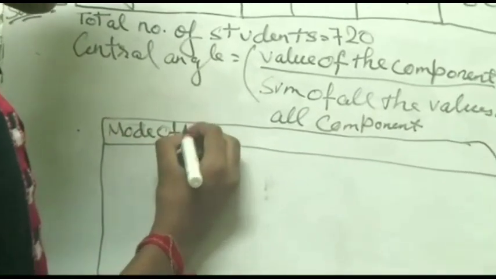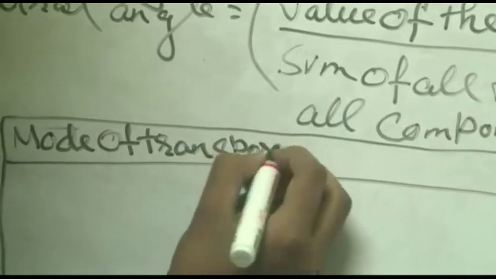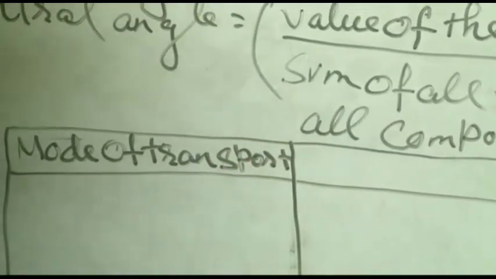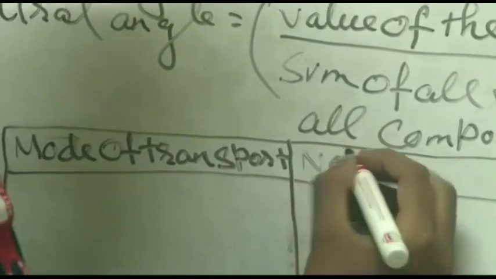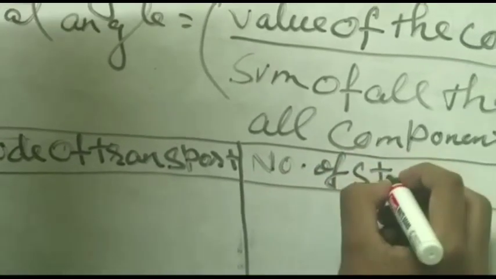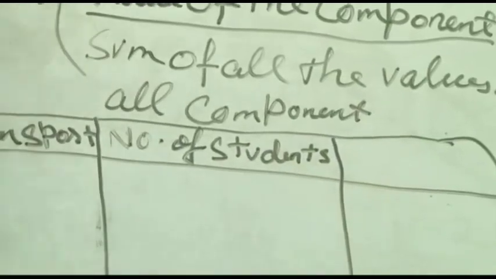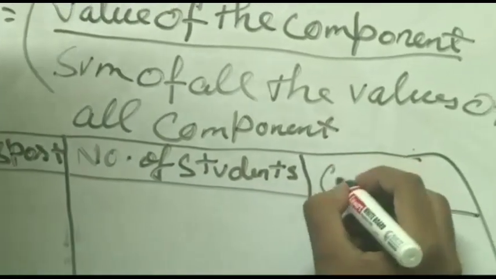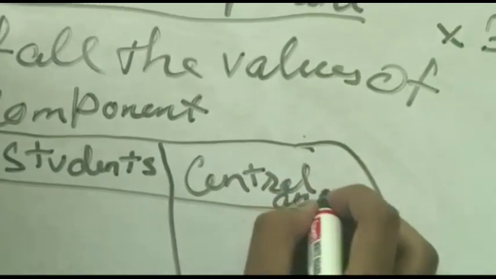Mode of transport, then number of students, and the third column is central angle.